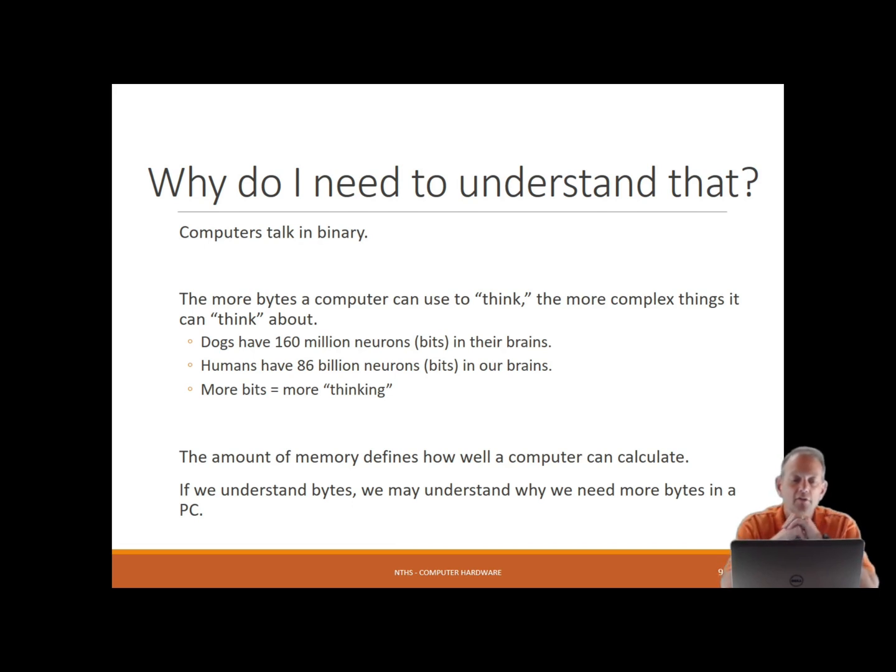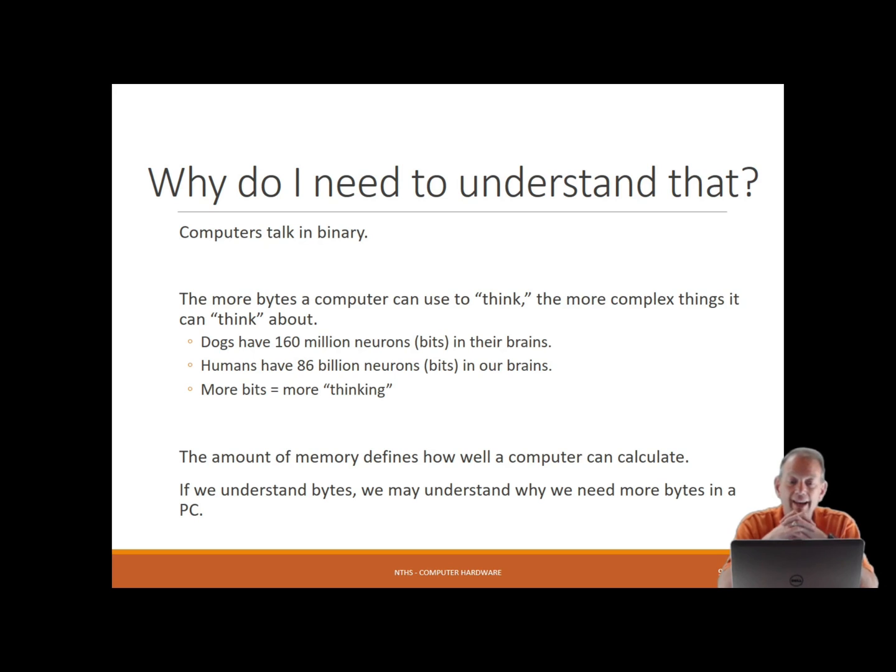So I put on here the reason we need to understand bytes and bits and binary is to understand that the more we have available to us, the more a computer can think or compute. It's not really thinking. And I put a little symbology in there to kind of wrap your head around. Dogs have 160 million neurons that fire and turn on and off like a light, and I'm far oversimplifying that, by the way.